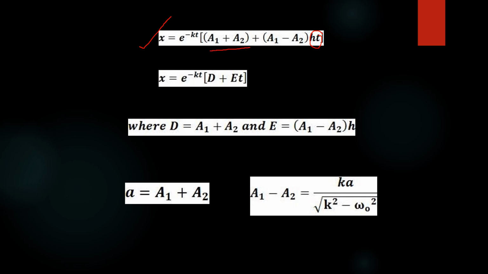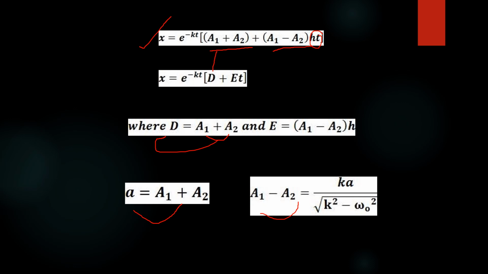Now you put a1 plus a2 as some constant d and a1 minus a2 into h as e. We know that a1 plus a2 is equal to a, which we derived earlier using boundary conditions. And also a1 minus a2, we got as ka by root of k squared minus omega 0 square.